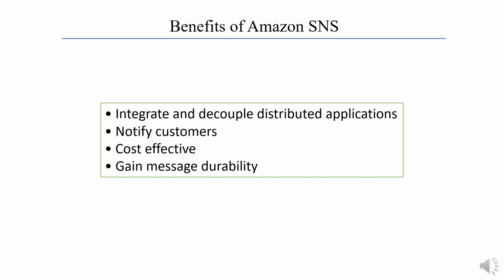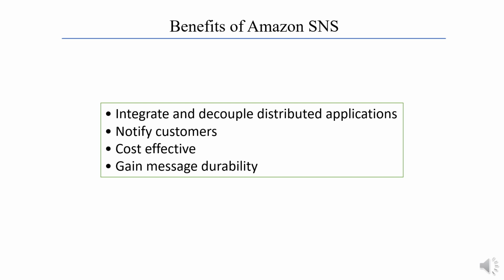Let's talk about benefits of Amazon SNS. Amazon SNS offers the following benefits for your organization: integrate and decouple distributed applications, notify customers, cost-effective, and gain message durability. Let's elaborate each of these benefits. Integrate and decouple distributed applications. You can deliver application-to-application A2A notifications to integrate and decouple distributed applications.